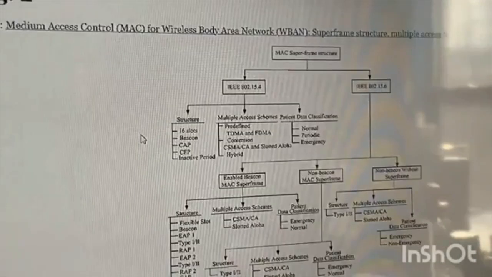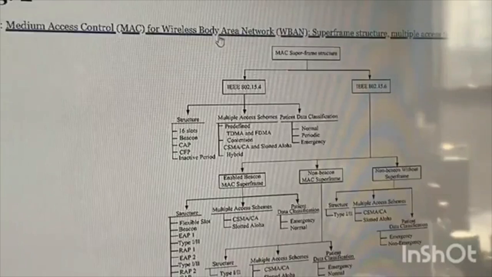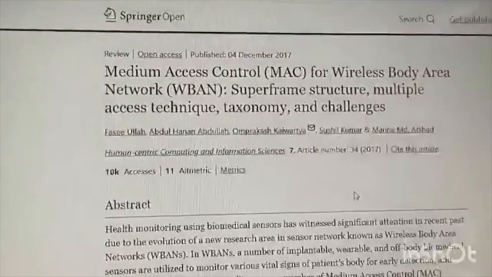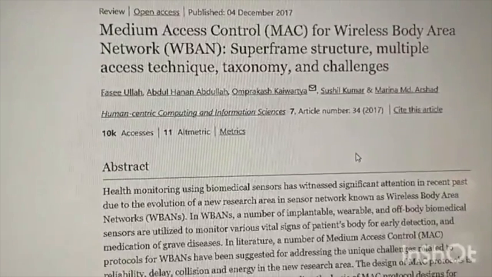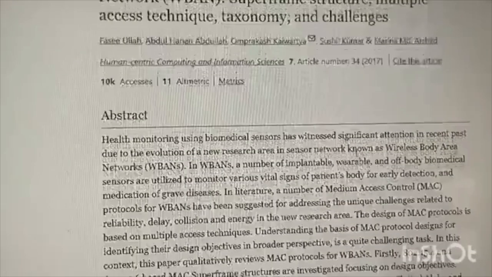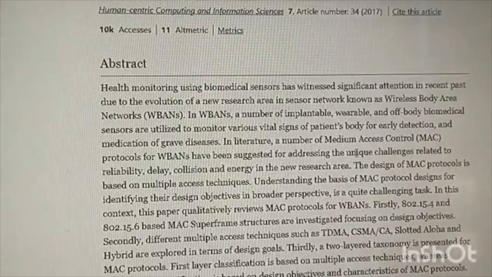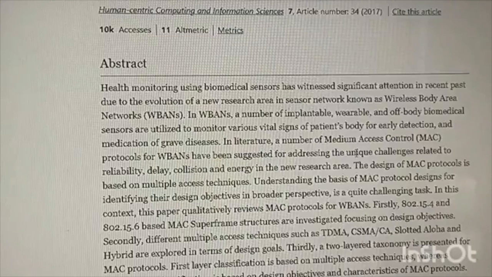This is the medium access control for wireless body area network, super frame structure, multiple access technique, taxonomy, and challenges. More college textbooks from December 2017. Health monitoring using biomedical sensors has witnessed significant attention in recent past due to the evolution of a new research area in sensor networks, known as wireless body area networks.